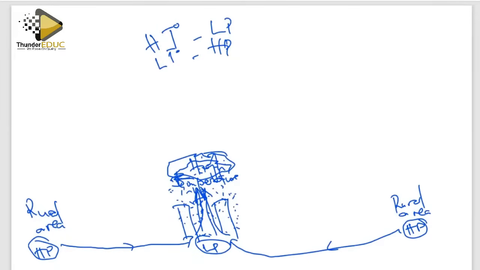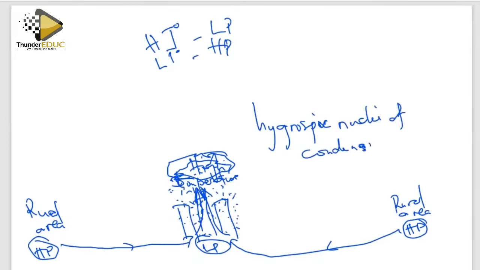And the other factor favoring the effective formation of rainfall over the urban area is the presence of hygroscopic nuclei of condensation. What is it that we call hygroscopic nuclei of condensation?